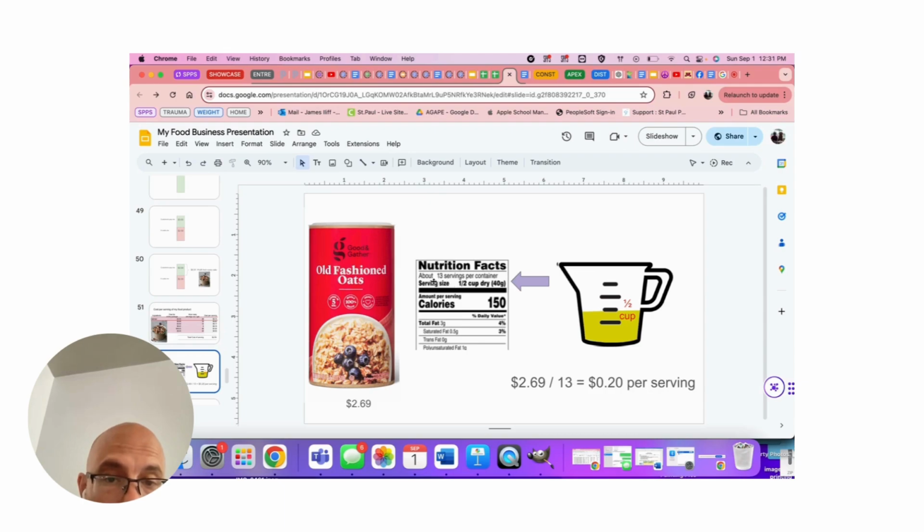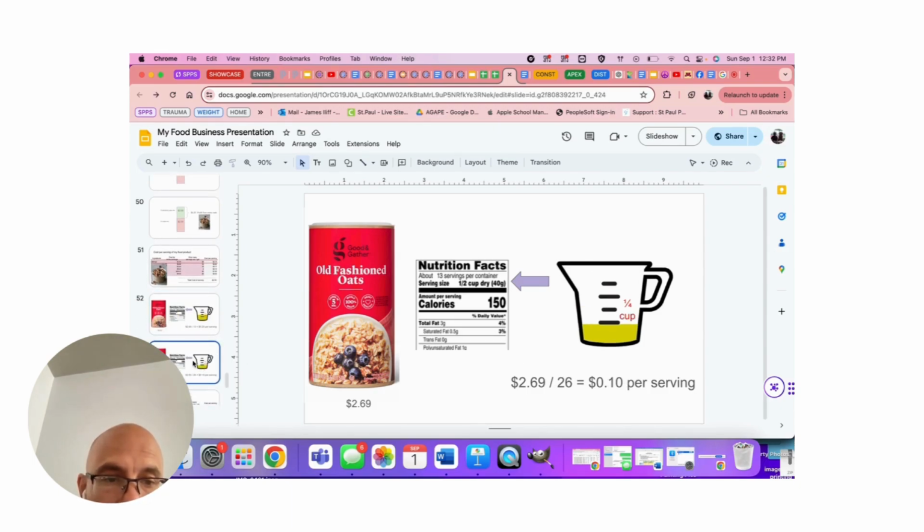And it says there are about 13 servings per container. So if I dug in and got half a cup out each time, I would get 13 servings out of there. The math is easy, you guys. I just take the price, $2.69, divided by the number of servings, and I get 20 cents per serving. That's interesting.